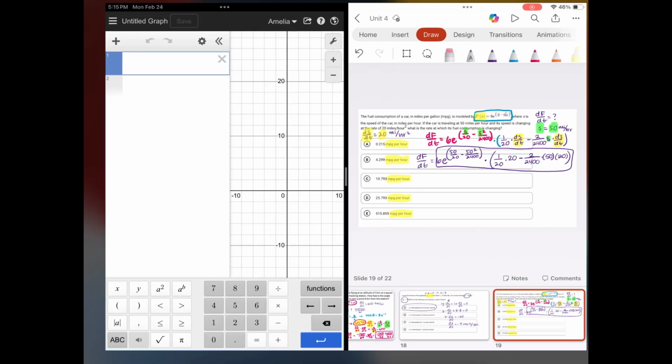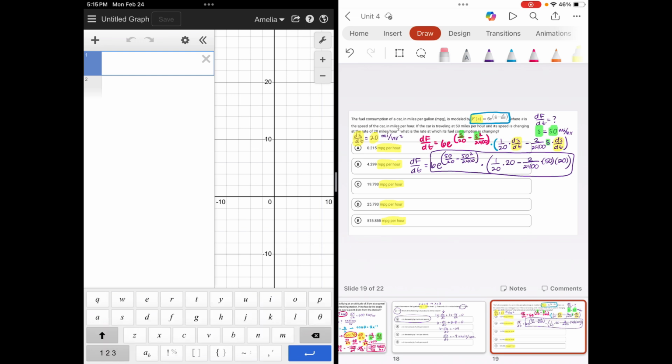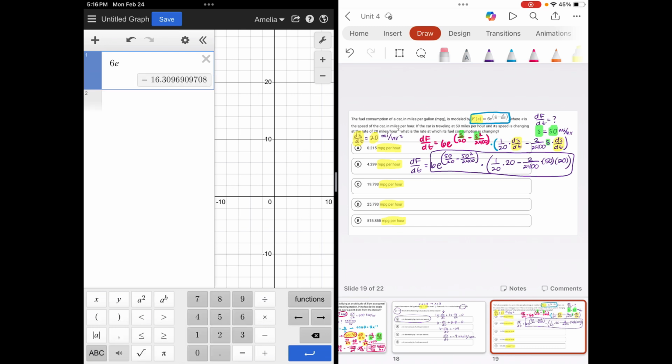Okay, so I'm going to go ahead and type in that function. So I'm going to have 6e, and then my exponent, I'm going to put parentheses, and I'm going to have 50 over 20, minus 50 squared over 2400. That's my exponent.